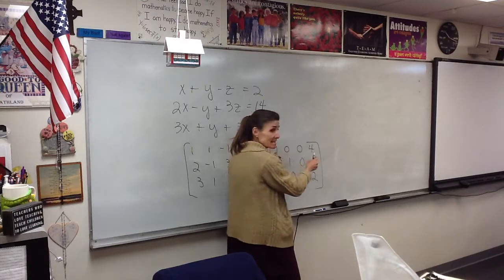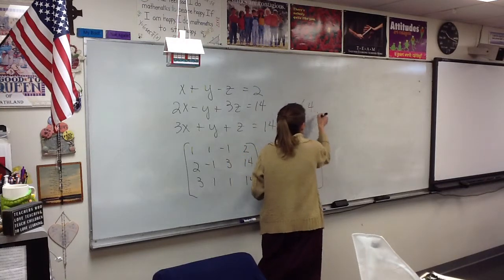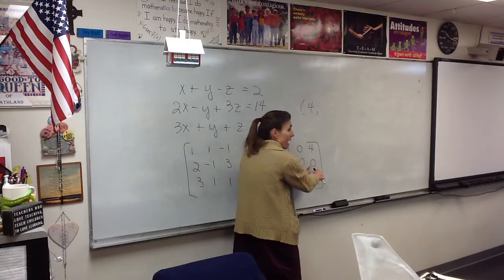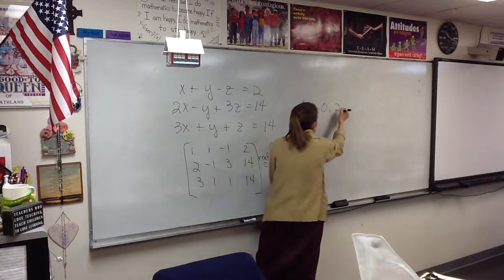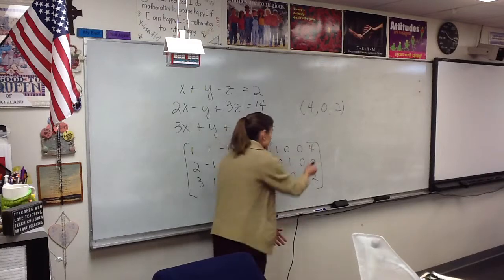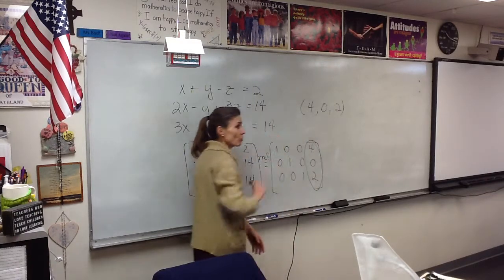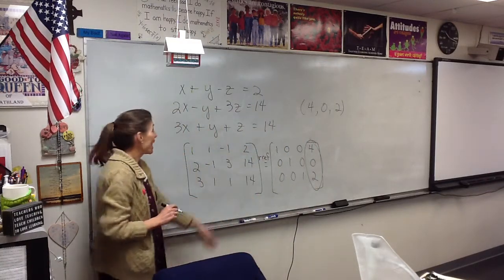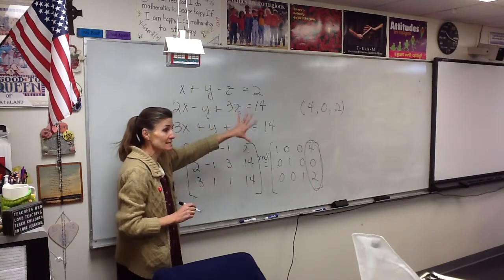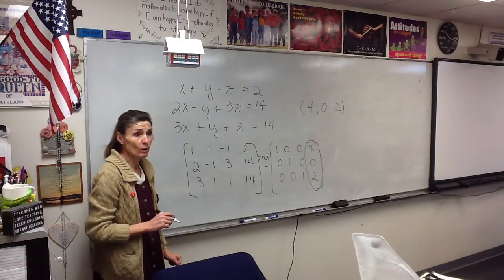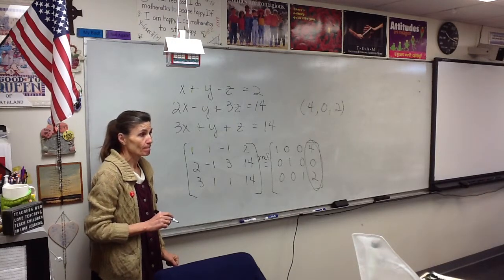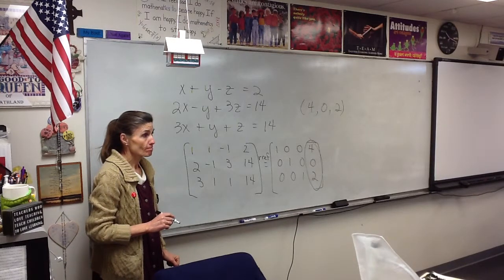So what does x equal? 4. What does y equal? 0. What does z equal? 2. This is the answer to the question. That is the x, y, and z coordinates that satisfy all three equations.